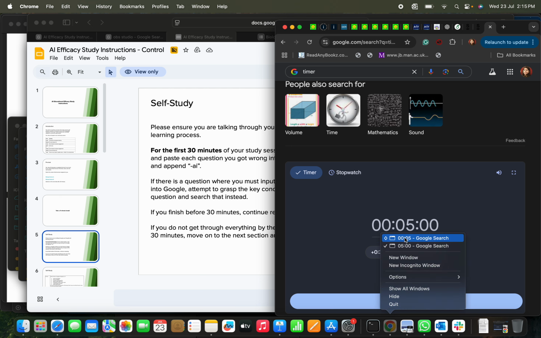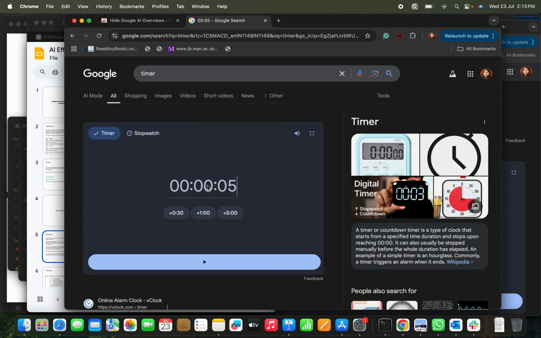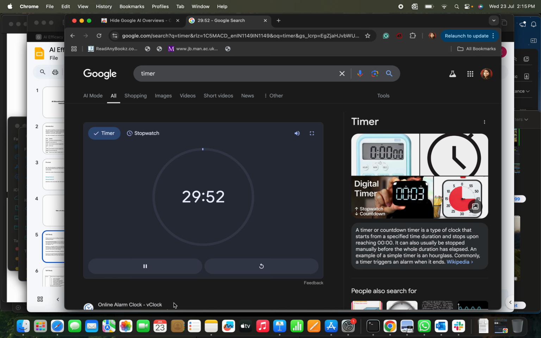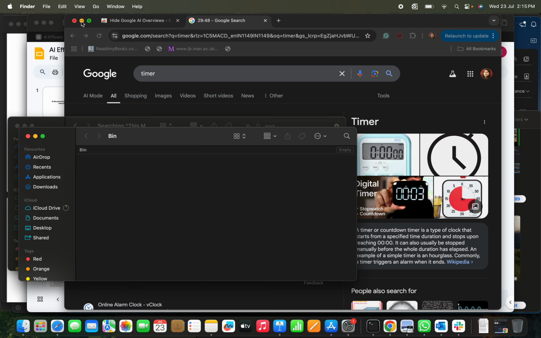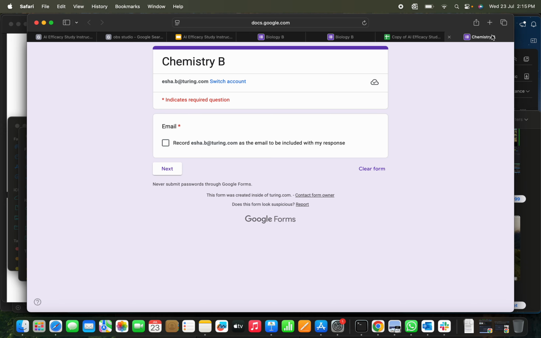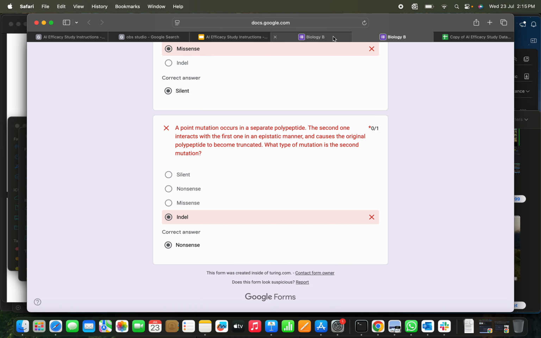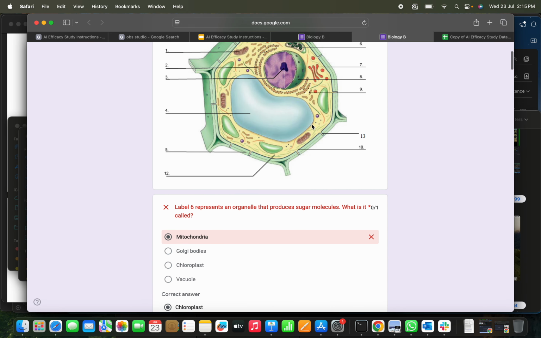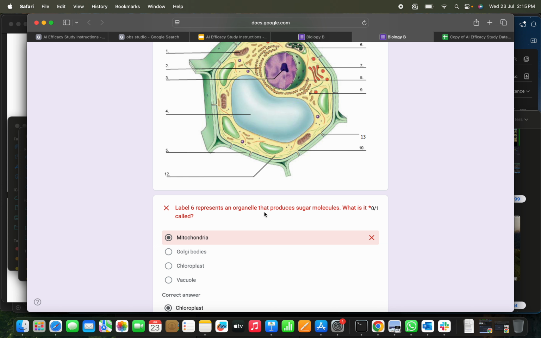I'll just open my older tab. So I have to start a timer, yes, so here it is. I'll minimize this one and go back here. I'll keep both the screens side by side. Let's see if I can do that. I don't have to put the images there, so I'll just ask this question.